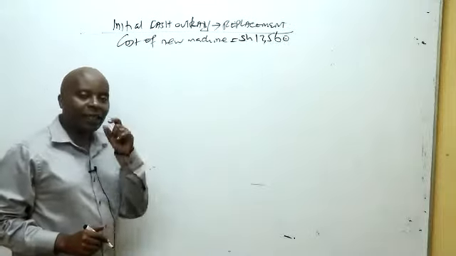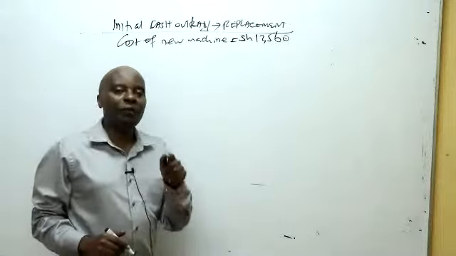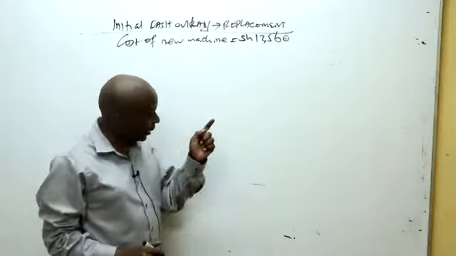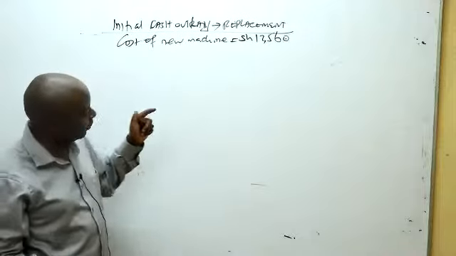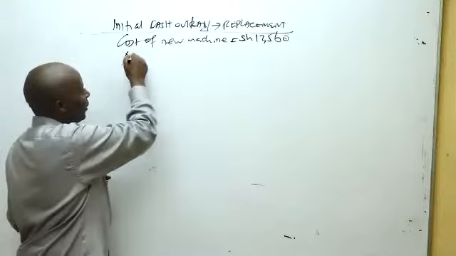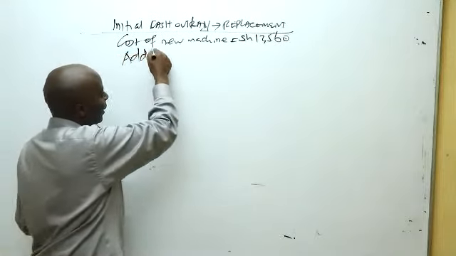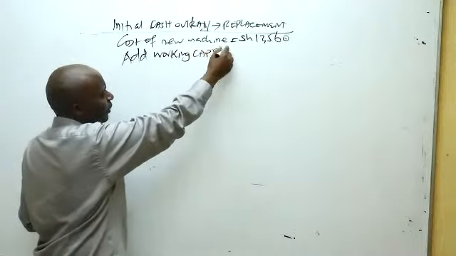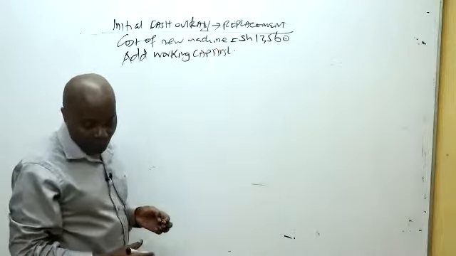Is there any other expense we need really for us to be able to do a replacement? Yes. Once I do a replacement, I acquire this new machine. The new machine can't run itself. We need to come and add the working capital injected at the beginning. What is the working capital, ladies and gentlemen, which we are given there?